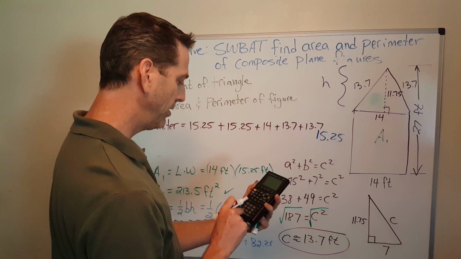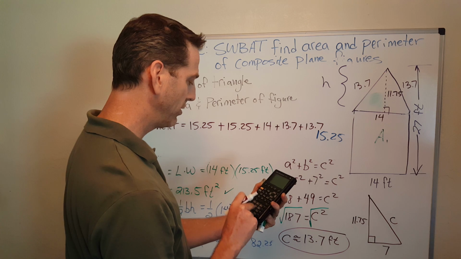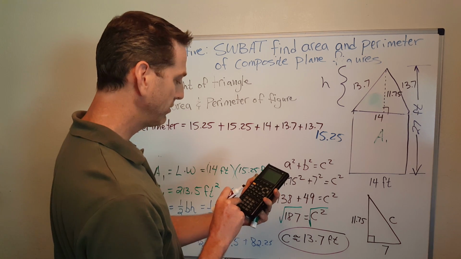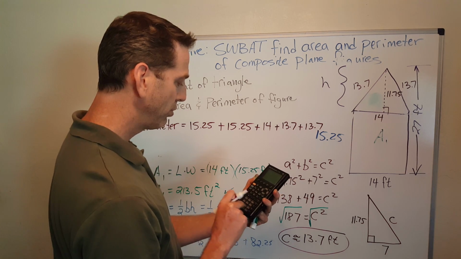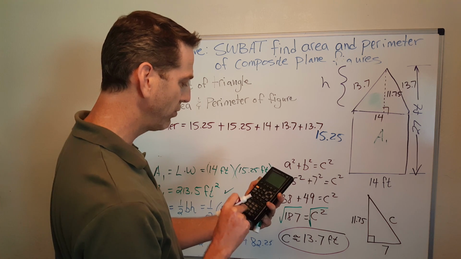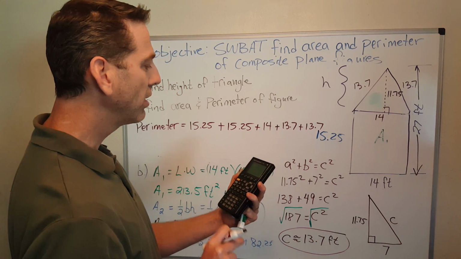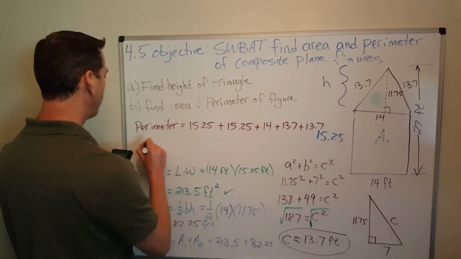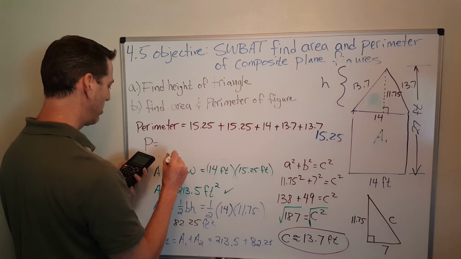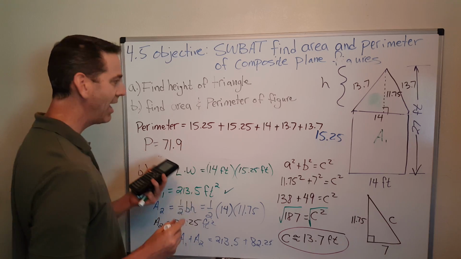So I got 15.25 plus 15.25 plus 14 plus 13.7 plus 13.7, and I get a perimeter of 71.9.